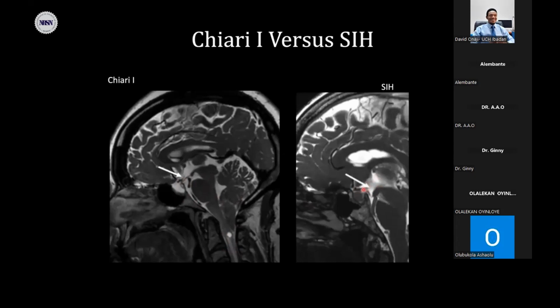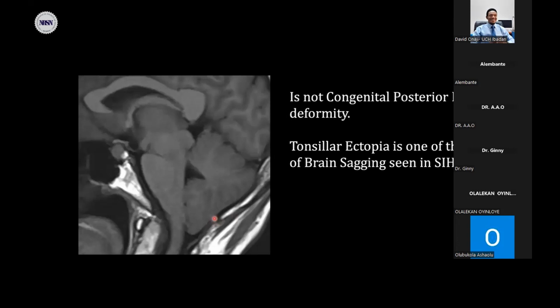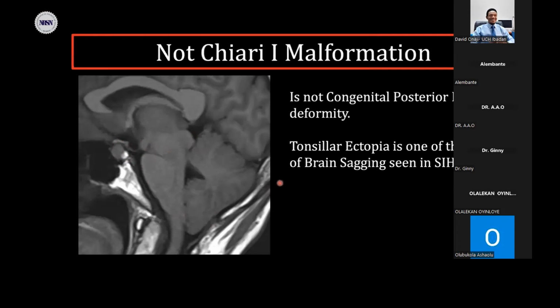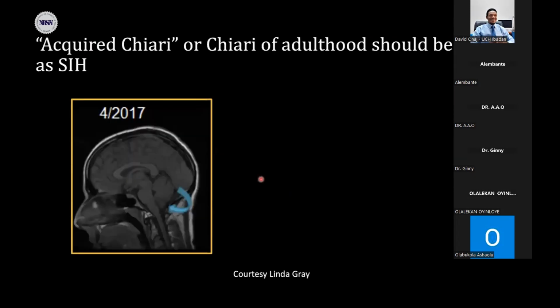Look at the third ventricular floor, the chiasm. Look for brain sagging. All these will be absent in a patient who has Chiari 1. So tonsillar herniation is common to both, but brain sagging, the reduction in the mamillopontine distance, and draping of the optic chiasm over an enlarged pituitary gland will occur only in SIH. So this is not a Chiari 1 malformation.